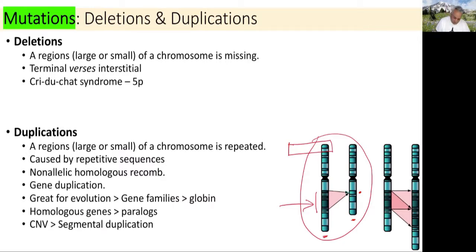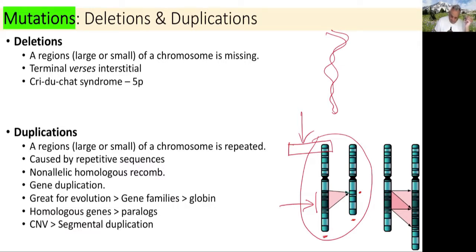Now, the difference between the two is that terminal deletions just require the DNA molecule, the DNA double helix, to break once across both strands. So here's your DNA. Essentially, a chromosome is a single huge DNA molecule wrapped around proteins, histones, and compacted to this shape.